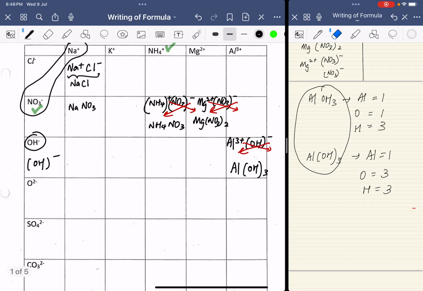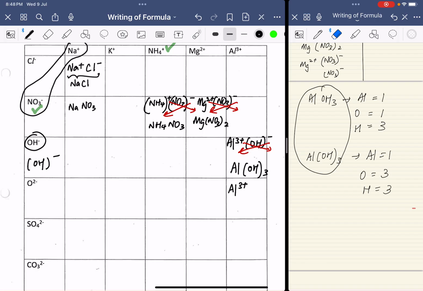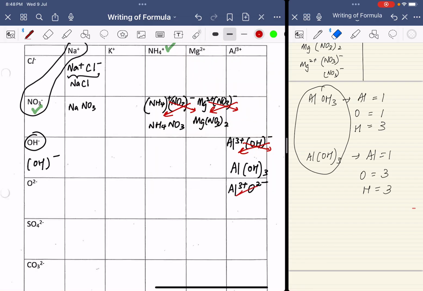I give you one more example of Al 3 plus and O 2 minus. The usefulness of cross multiplication will allow you to find your formula quickly. So Al2O3 means I need 2 sets of Al to balance out 3 sets of O2 minus.